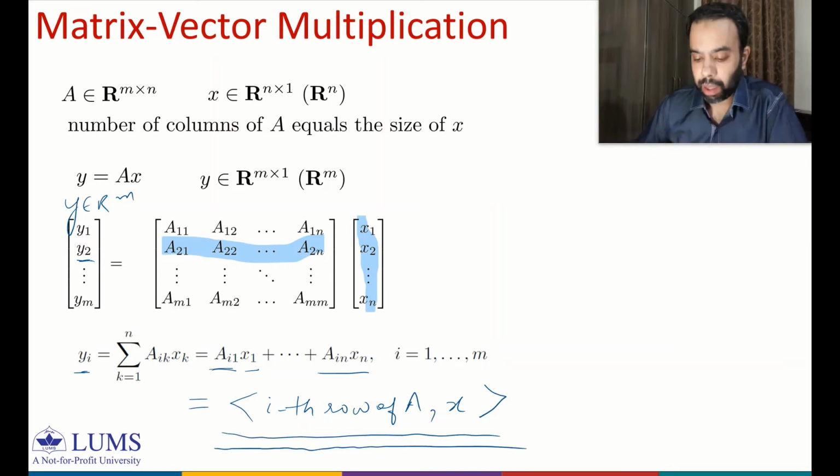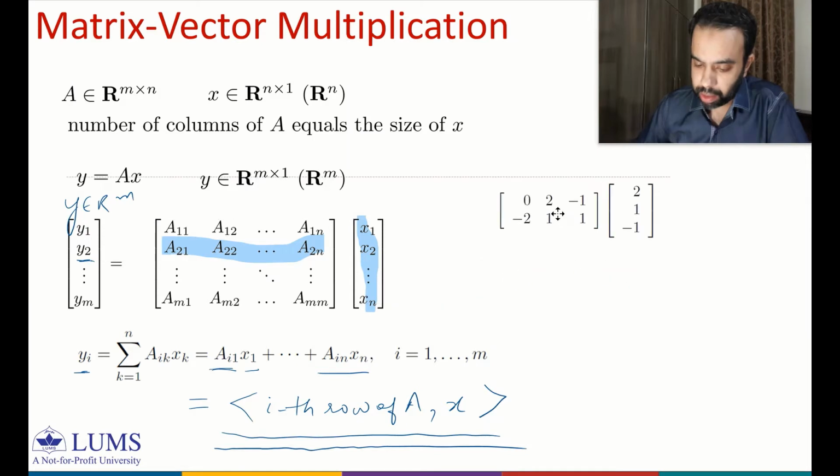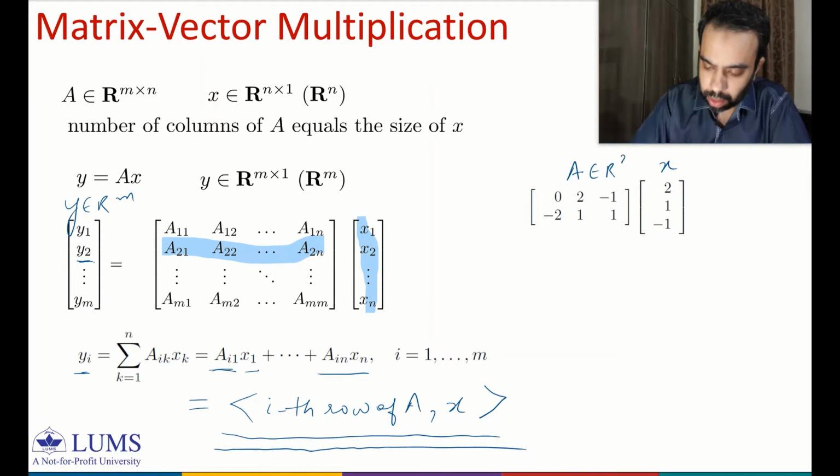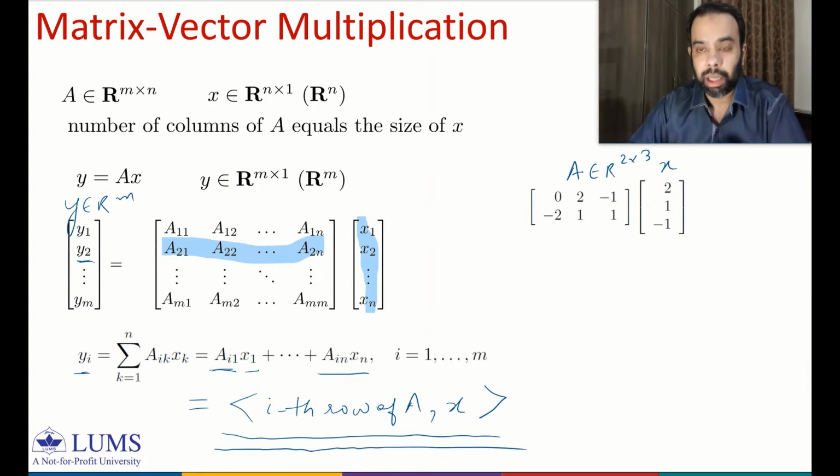Let me also explain with one example. Say we take a matrix A and a vector x. So this is A and this is x. A has 2 rows and 3 columns, so A belongs to R2 cross 3, and x belongs to R3. So the number of columns of A is the same as the size of x, so this multiplication is compatible.